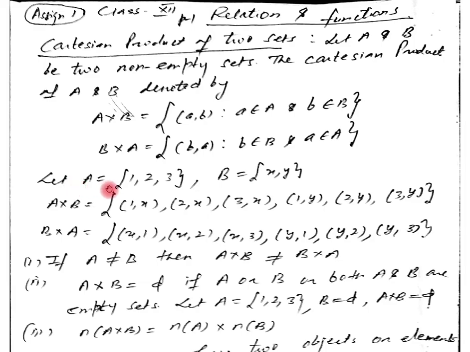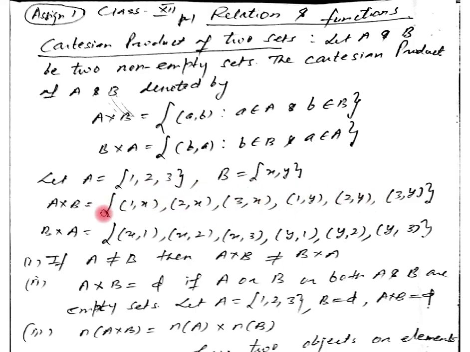Let A be the set having elements 1, 2, 3 and B the set having elements x, y. Let us make all the possible ordered pairs. For A cross B, the first element has to be taken from A, so it may be 1x, 2x, 3x, 1y, 2y and 3y. I have written all the possible ordered pairs from A to B. It can be written as (1,x), (1,y), (2,x), (2,y), (3,x), (3,y).